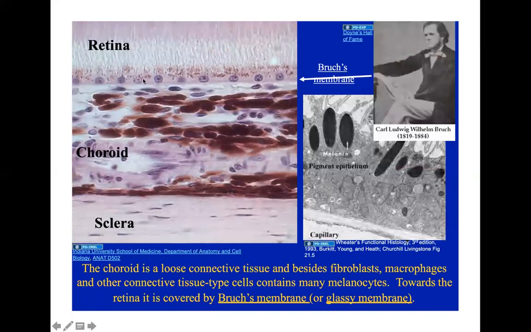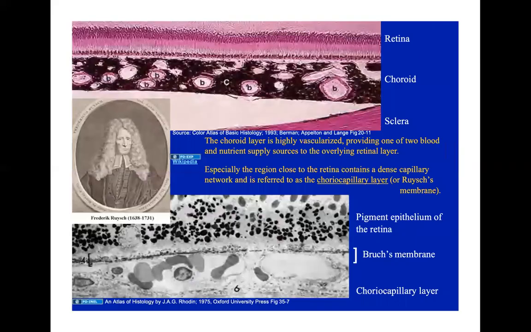So again, the retina, the choroid, and the sclera. Now, the choroid is usually made up of your loose connective tissue, and towards the retina, this choroid is usually covered by your Bruch's membrane, or what we call our glassy membrane.